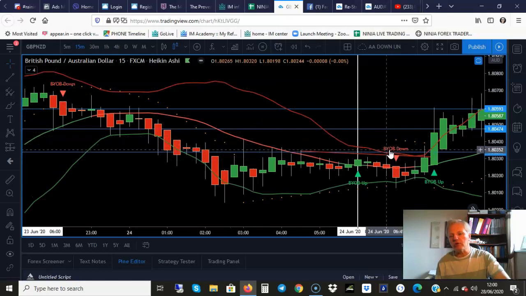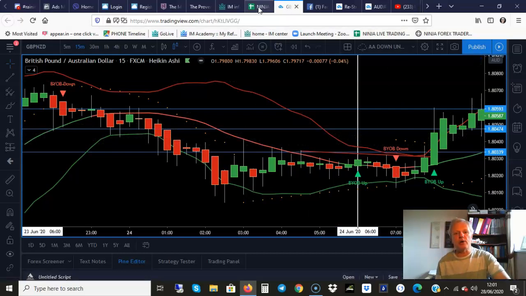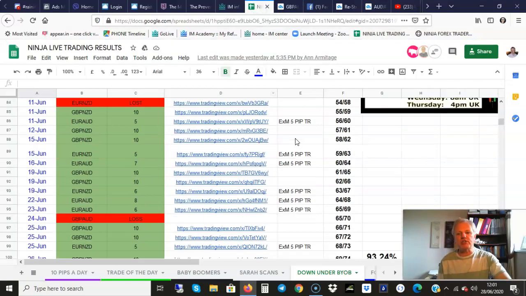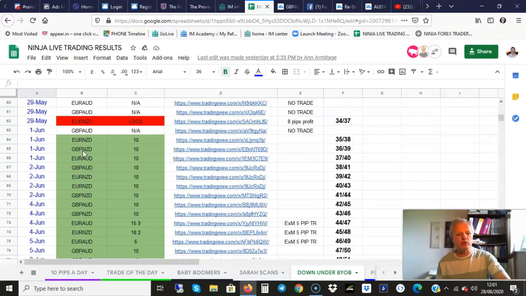Most of the time though, they are between 10 and 15 pips when you get the flip. So it's not usually as bad as that. Sometimes I do concede it can be a bit worse, occasionally, but that's just trading, that's the way it is. But as you can see from our consistent winners, these are all 3% wins.